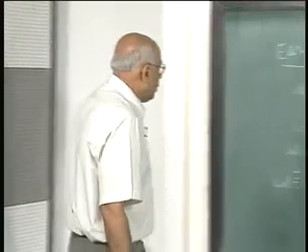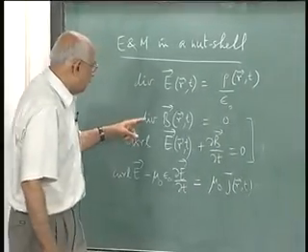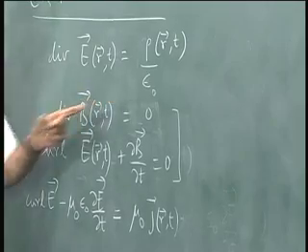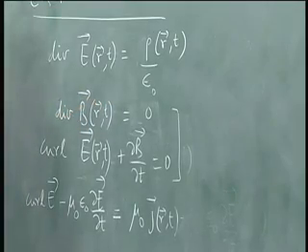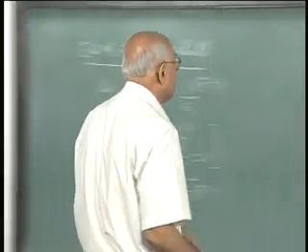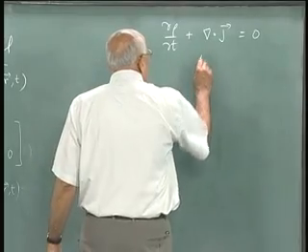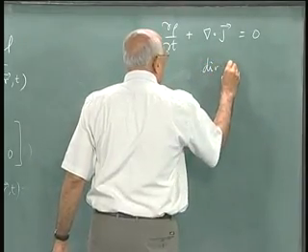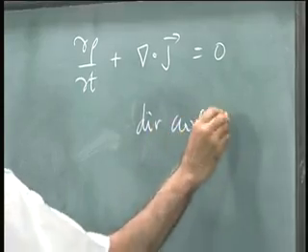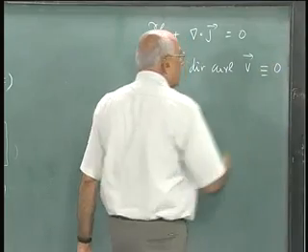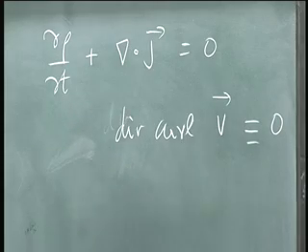Now what is the first conclusion you can draw when you hear that a vector field B is identically divergenceless? What conclusion do you draw from it? We know that the divergence of a curl must be 0 identically. So you have this vector identity which says the divergence of the curl of any vector field, let me call it V, is identically 0 always.